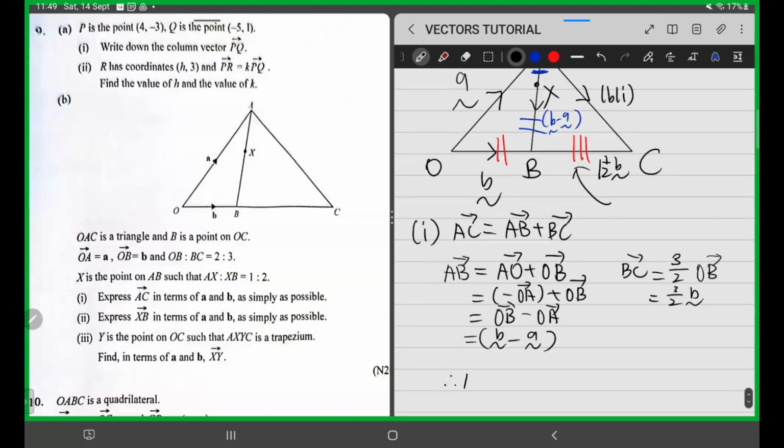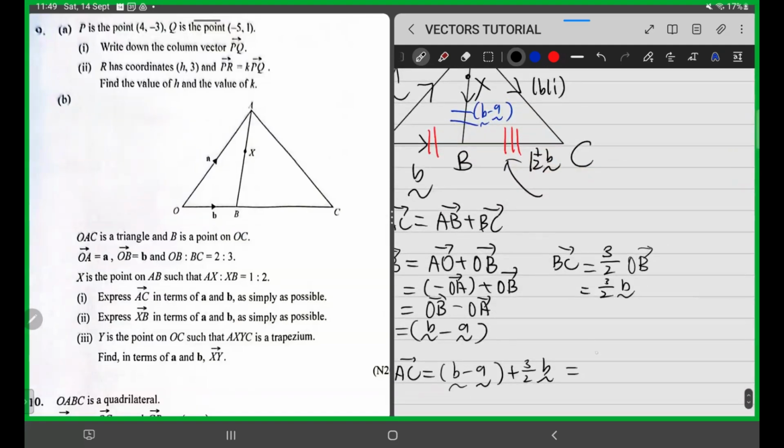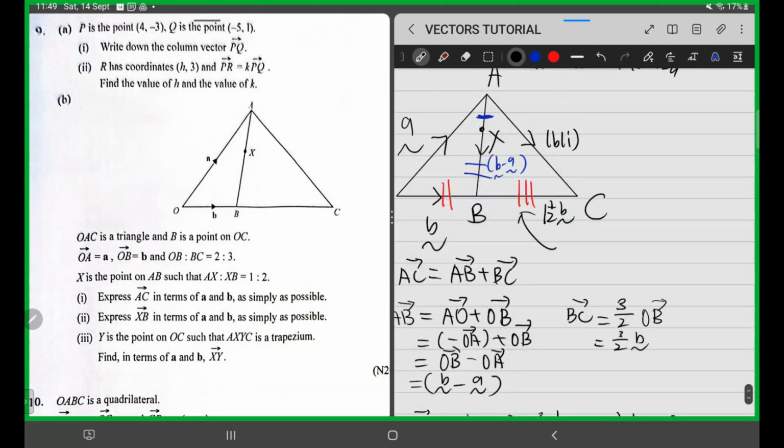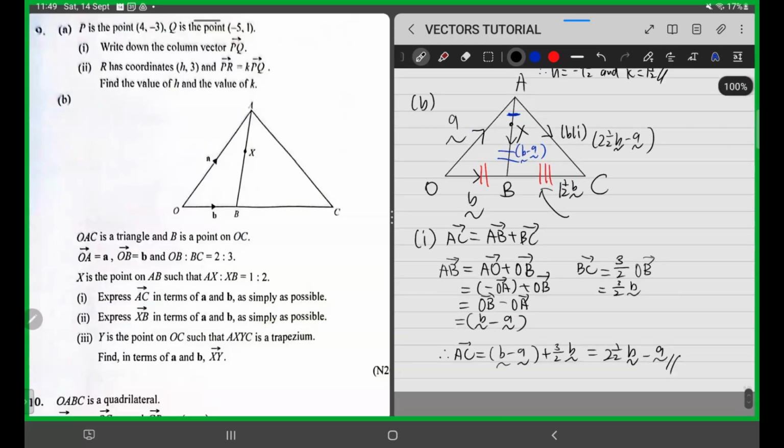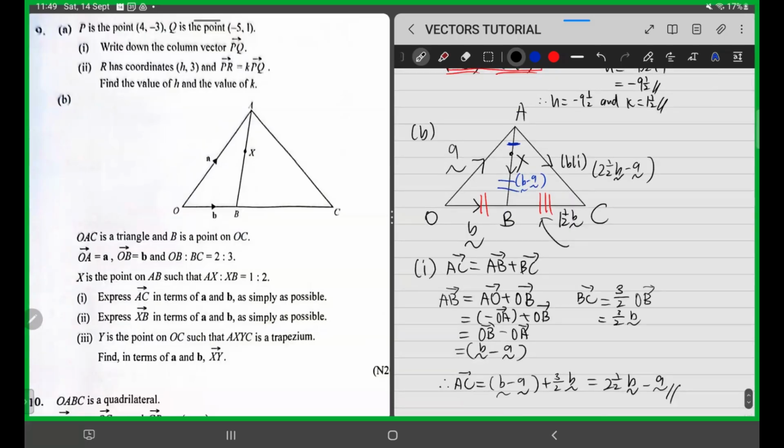Hence, AC is just b minus a plus 3 over 2 b, which gives you the answer of 2.5b minus a. So here is 2.5b minus a. And then that is your answer over there. Okay, so that's for part i.